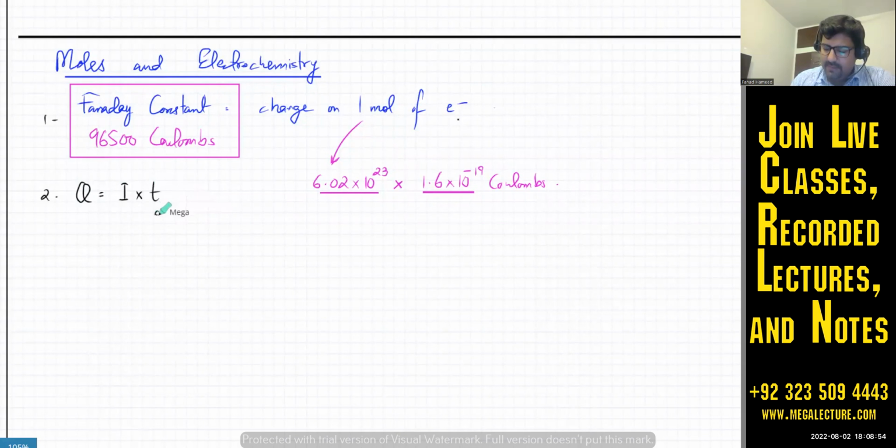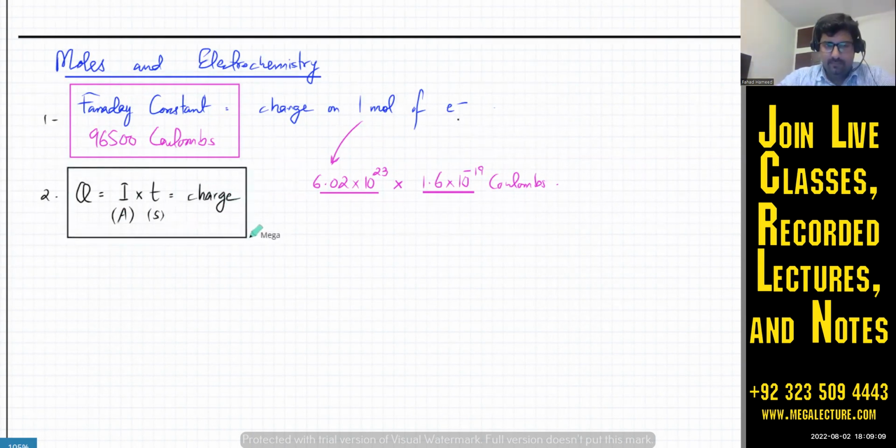Time will be in seconds and current will be in amperes, and that is equal to charge. So you already know this formula, Q is equal to IT, or current is charge per second. So that is what current is. And that's about it. You're going to get very simple questions.